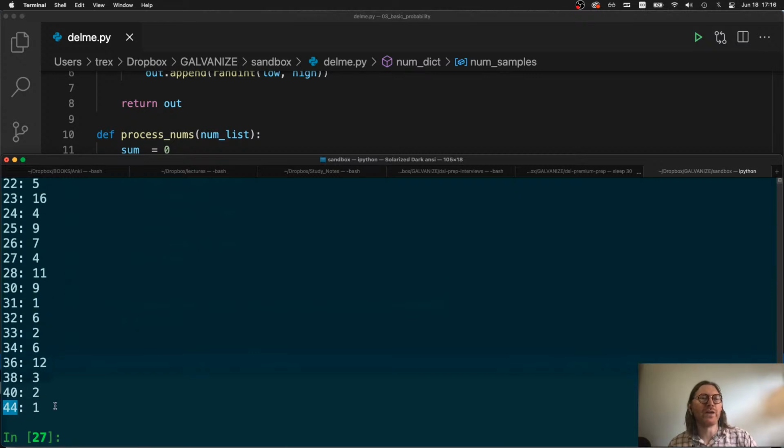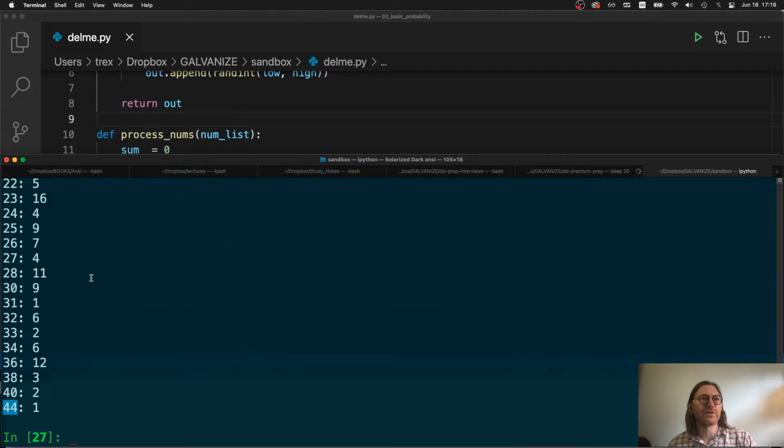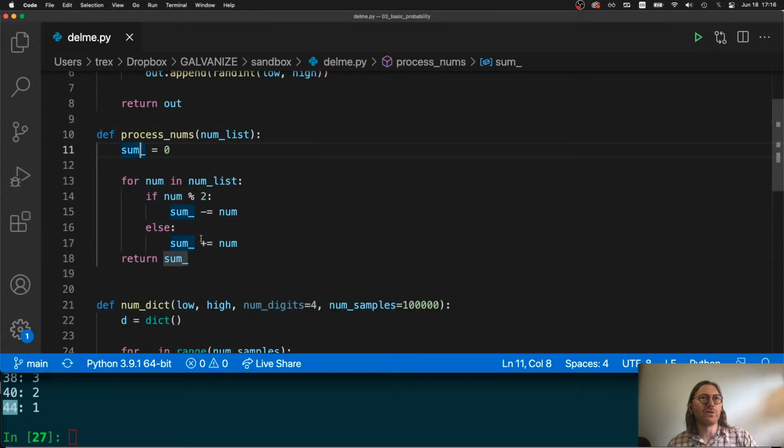So the highest number we can get is 44. Oh, am I adding? No, I'm subtracting evens. Right, because this is going to be, let's see, 2 12s and 2 10s likely. So even still, we're not getting the maximum value that we can from process nums, which I think is kind of interesting.